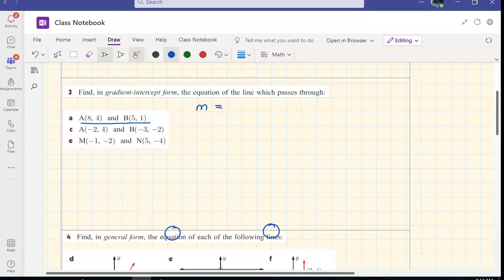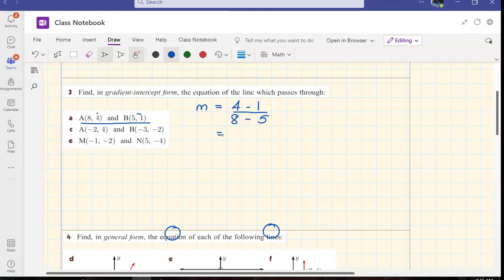So we've got M equals. I've decided I'm going to go 4 take 1, as long as it's my Y's. And because I started with 4, then I have to stick with this point first: 8 take 5. Is everyone happy with that? Some of you might go Y1, Y2.